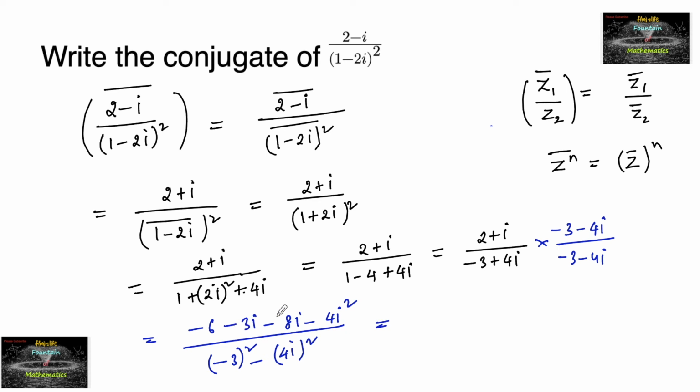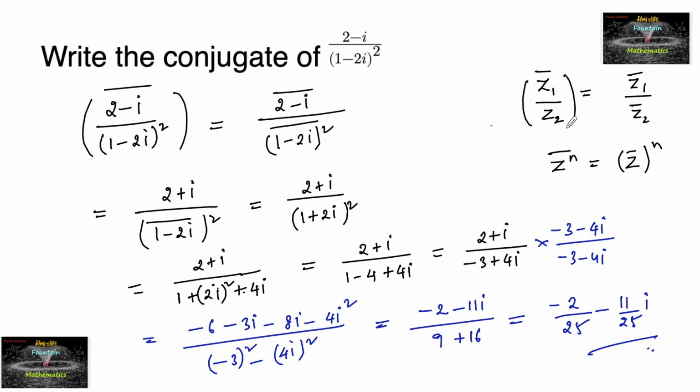So minus 6, and here 4i square value is minus 1, i square is minus 1, so minus 6 plus 4 will come, minus 2, and minus 3 minus 8 will come minus 11i, upon minus 3 whole square is 9, and here 4i square is 16 into minus 1, that is plus 16 we can write. So we have minus 2 upon 25, and again minus 11 upon 25 times i. So this is the answer, the conjugate of 2 minus i upon 1 minus 2i whole square. Okay, thank you.